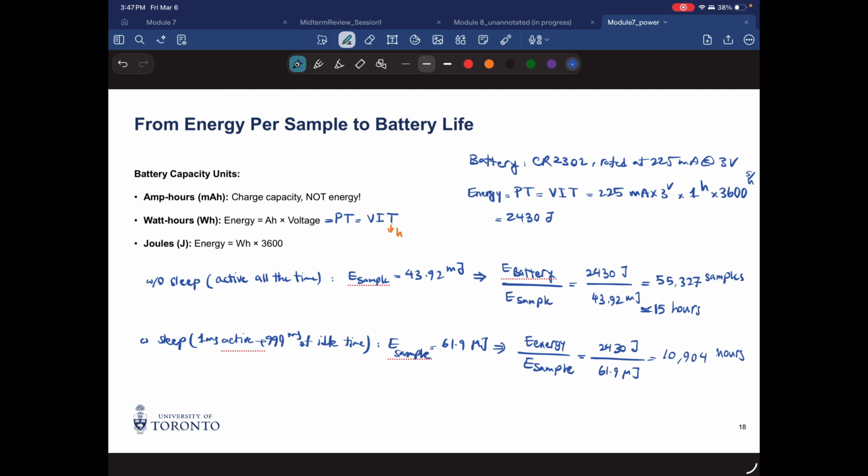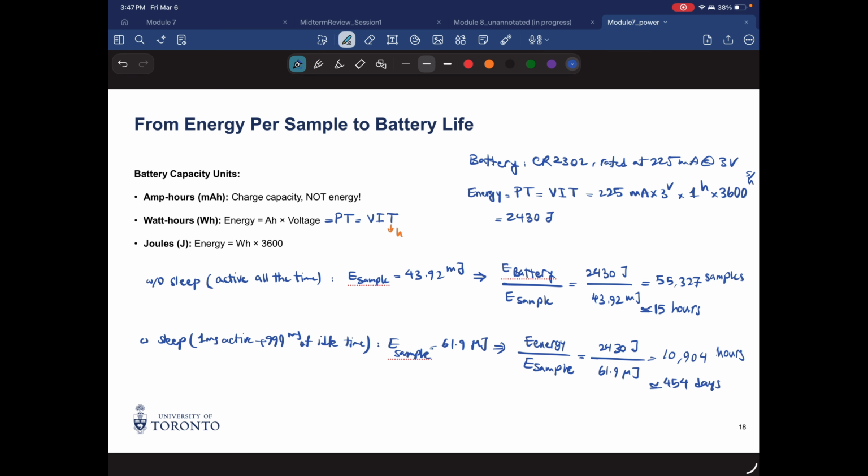hours, which, if you divide it by 24, is going to be 454 days, which is actually more than a year, right?